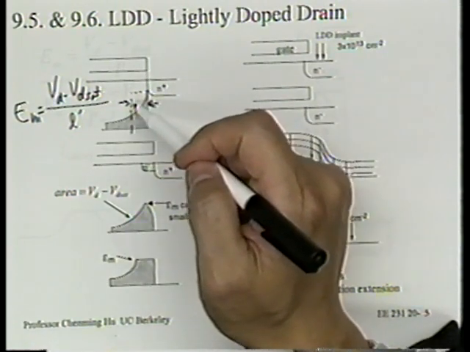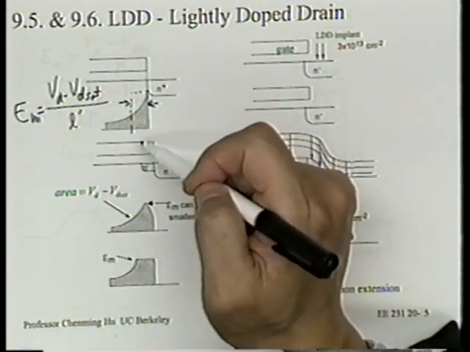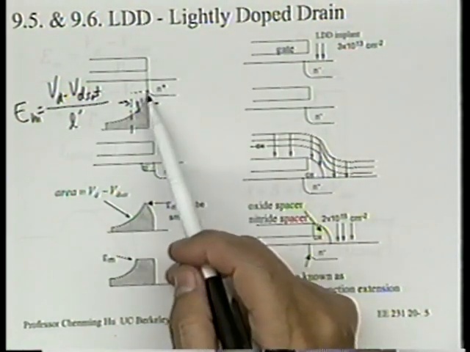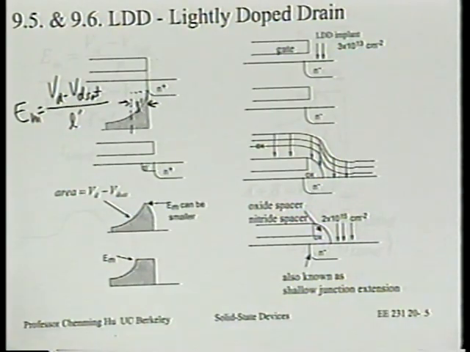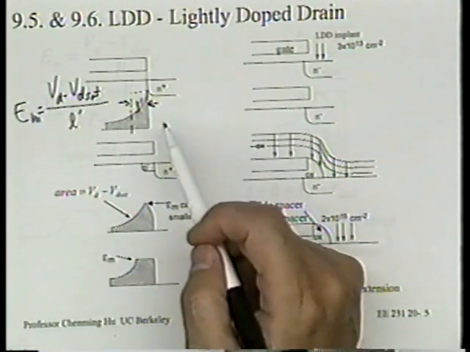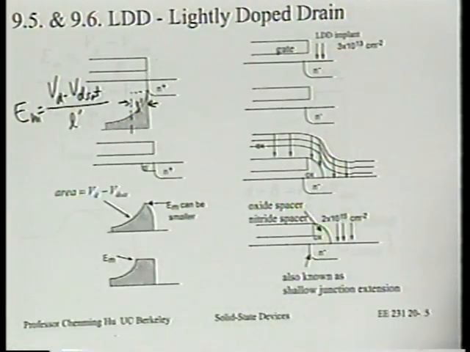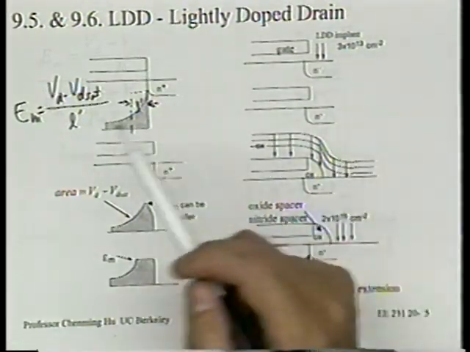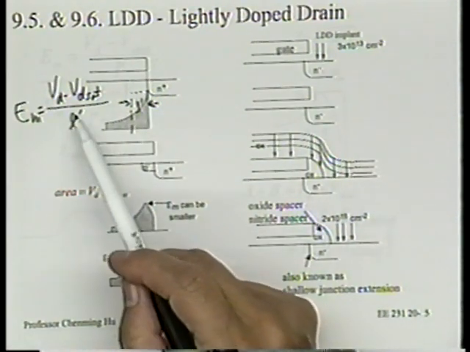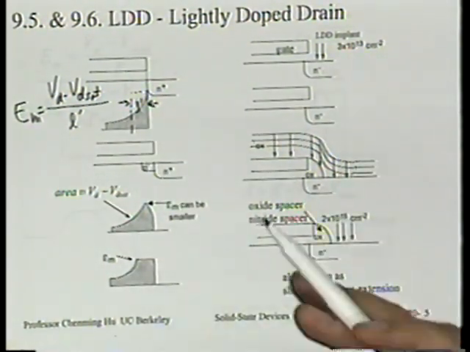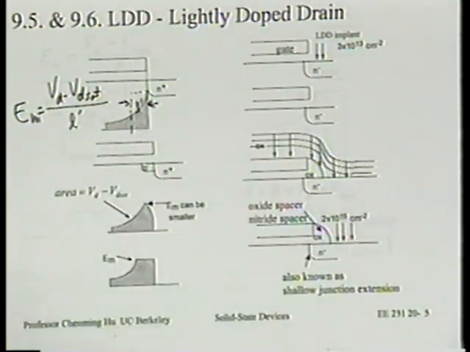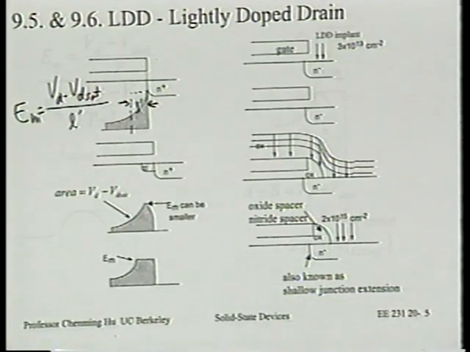The base is equal to L prime, such that the area of this rectangle is equal to the area under this exponential function. And the area under the exponential function is VD minus VD set, right? So if we use VD minus VD set, which is also the area of this rectangle, divided by the length of the rectangle, we get EM. So this is a graphical way to understand why EM is equal to VD minus VD set over some effective length of this high field region, right?